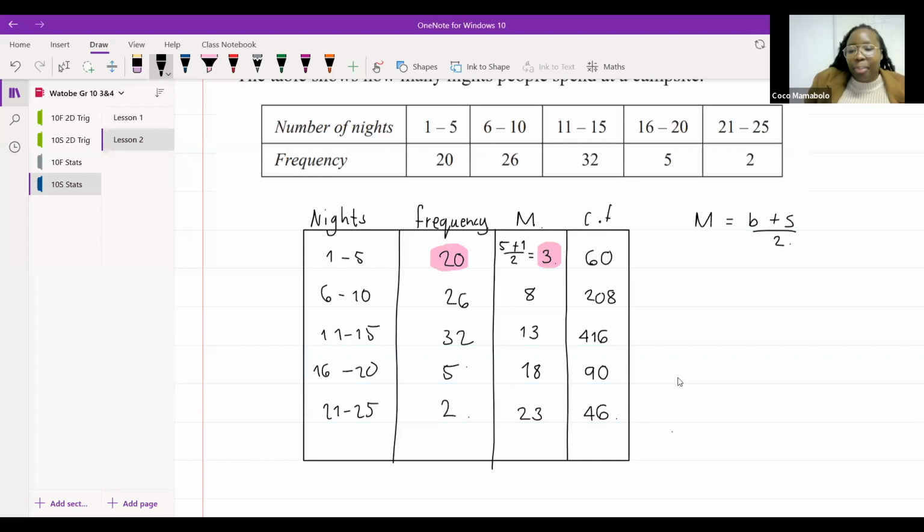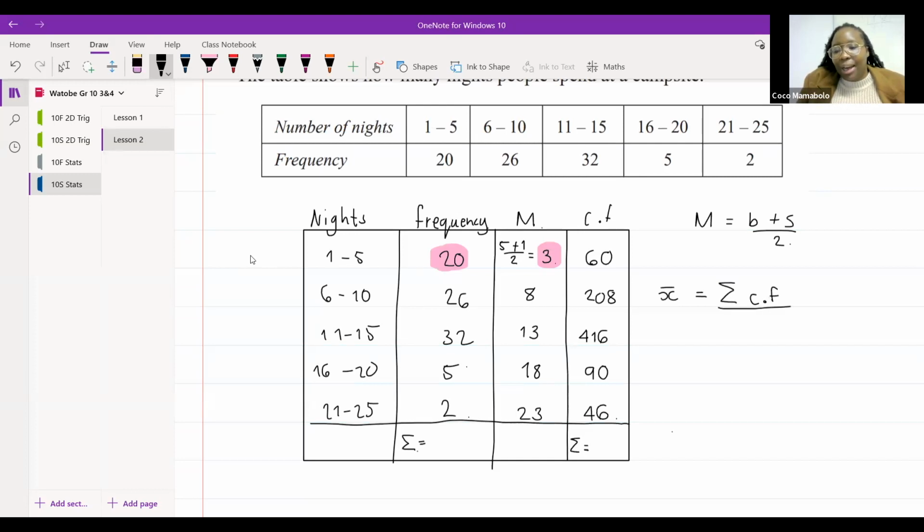Now, here at the bottom, we need to find the sum of the cumulative frequency, but we must also find the sum of the frequency. If we want to calculate the mean, it is equal to the sum of the cumulative frequency divided by the sum of the frequency.